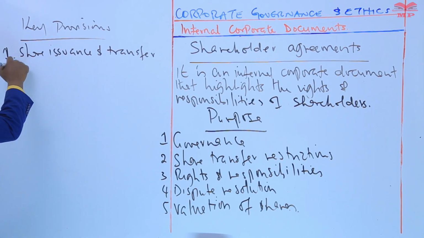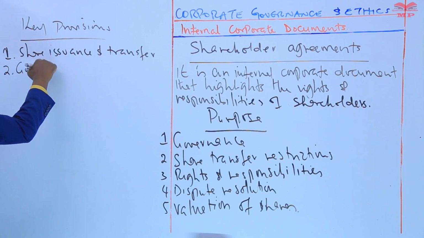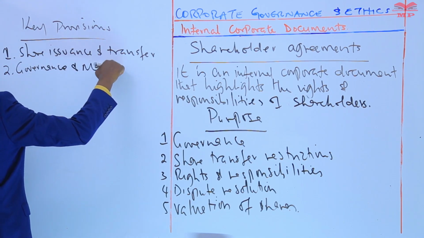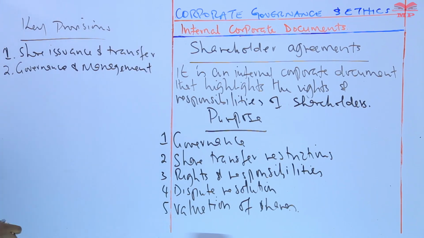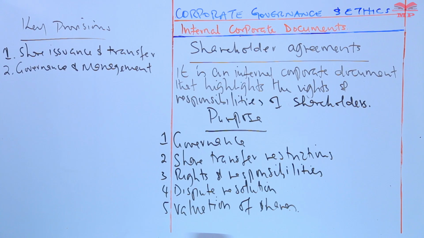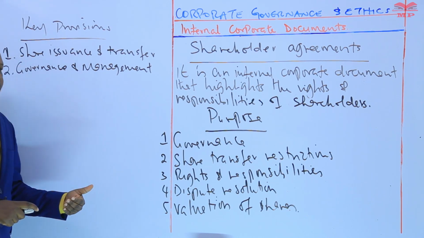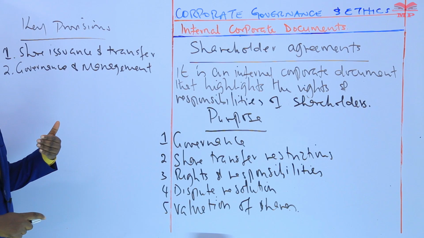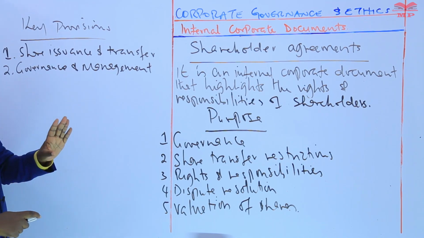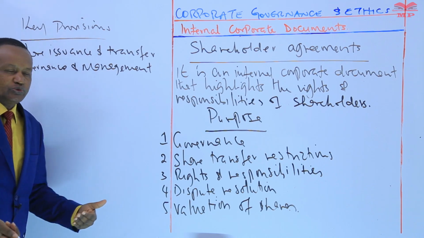Second, there could be provisions on governance and management. This refers to the procedures for electing directors, procedures for holding meetings, and procedures for making decisions.